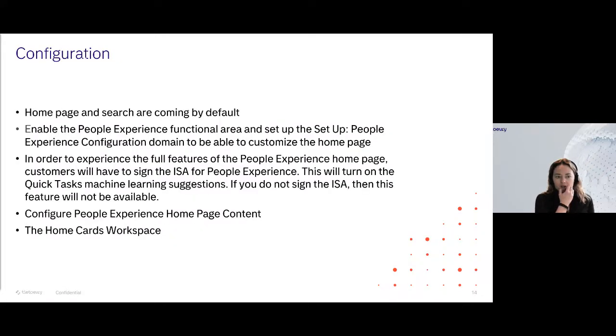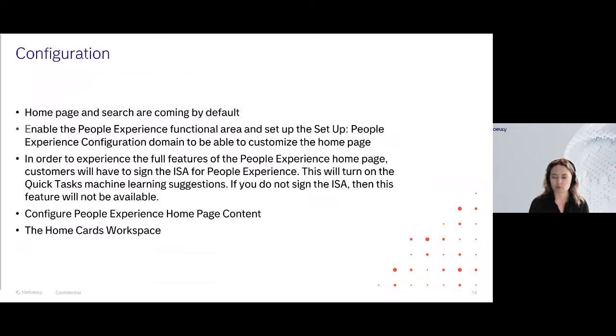So for the configuration, what you need to be doing: the homepage and search are coming by default. For that, you don't need to do anything. But in the people experience functional area, we have the setup people experience configuration domain, which, if it's not enabled, you want to enable and add permissions to the security groups you want to do the configuration.